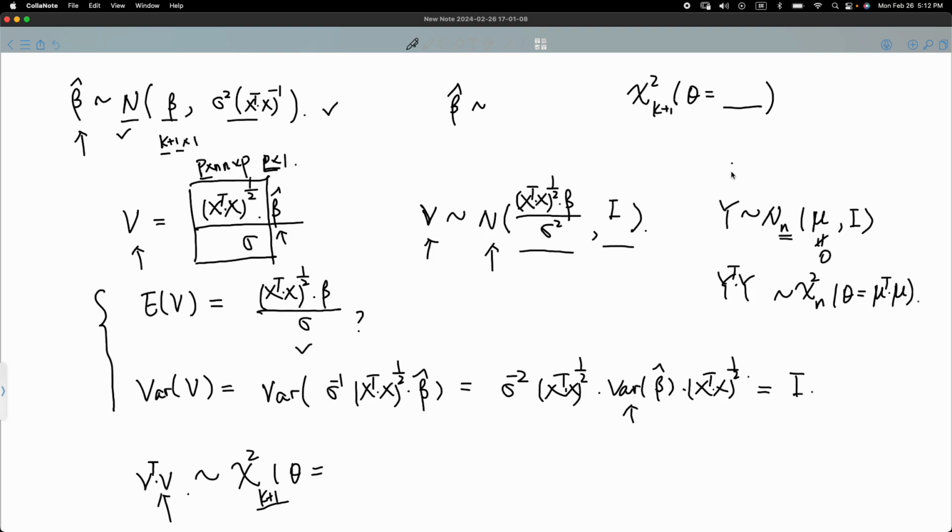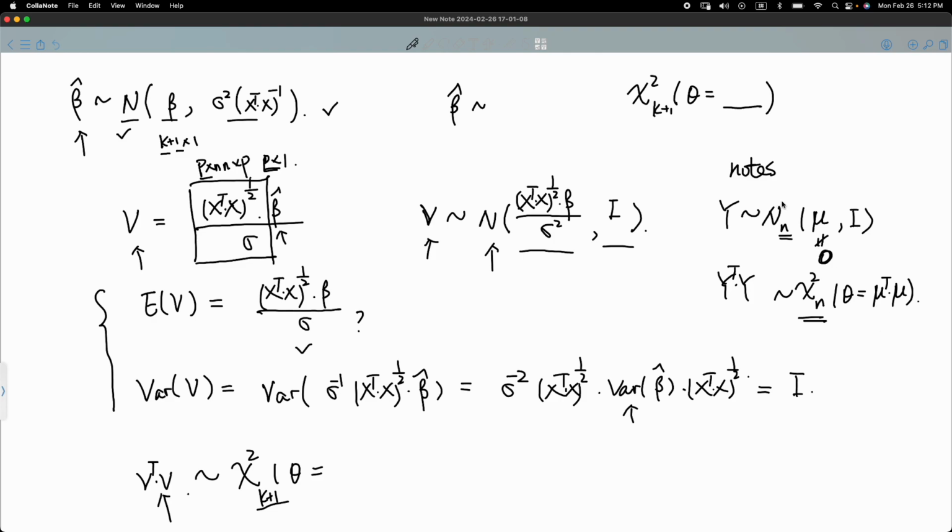So here is just a note. This is what I referred to earlier, that we are not centered around 0. If you perform this transformation, the chi-square distribution that you derive is going to be a non-central chi-square.